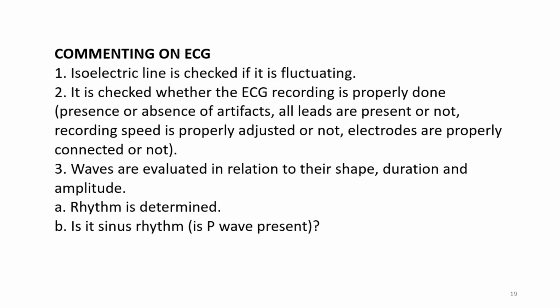And waves are evaluated in relation to their shape, duration, and amplitude. Rhythm is determined, and then if the rhythm is sinus rhythm, how to understand that? We check the P waves. If the P waves are present, then the rhythm is sinus rhythm.